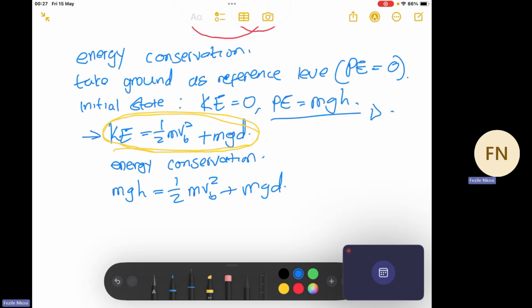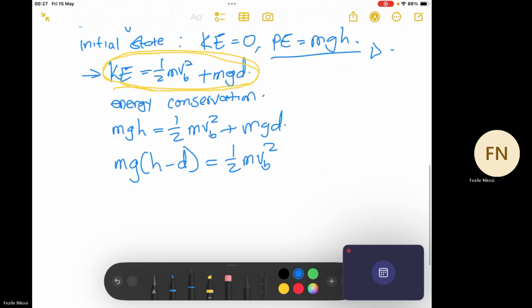Let's see. We can just subtract mgd from both sides. Then we have mg, and then here it's going to be h minus d. Correct. Half m v squared. Let's cancel this m.